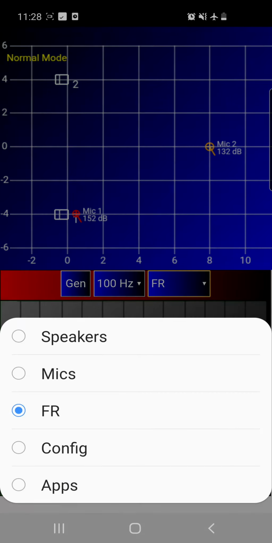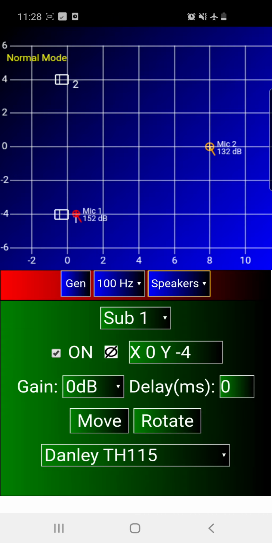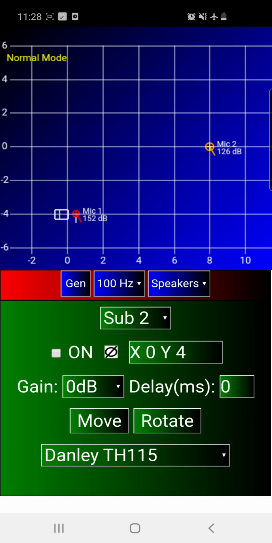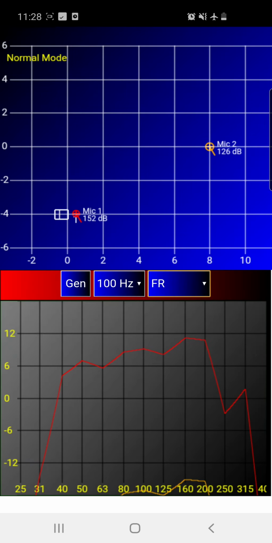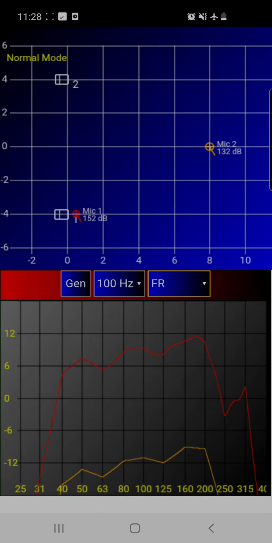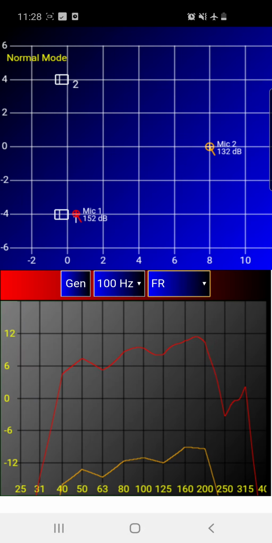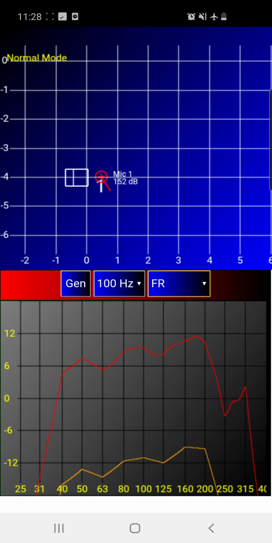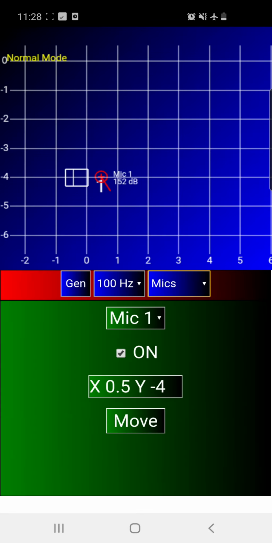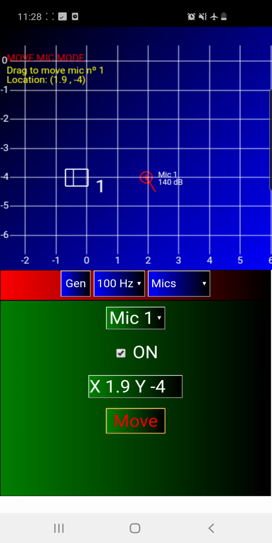And we will see what happens if I turn off sub number 2. If I turn off sub number 2, we see that the frequency response does not change much. Okay, this is again because the sound SPL coming from subwoofer number 1 is very much stronger than sub number 2.